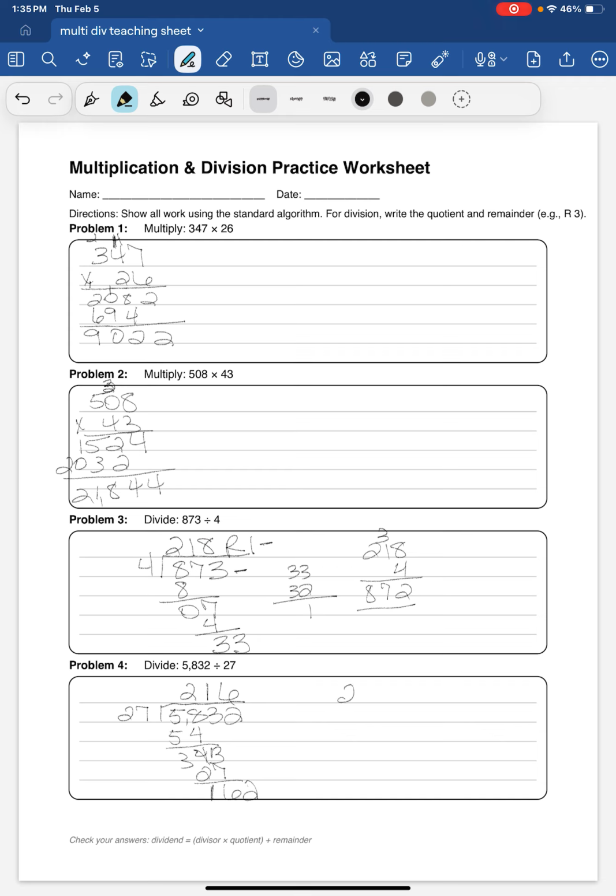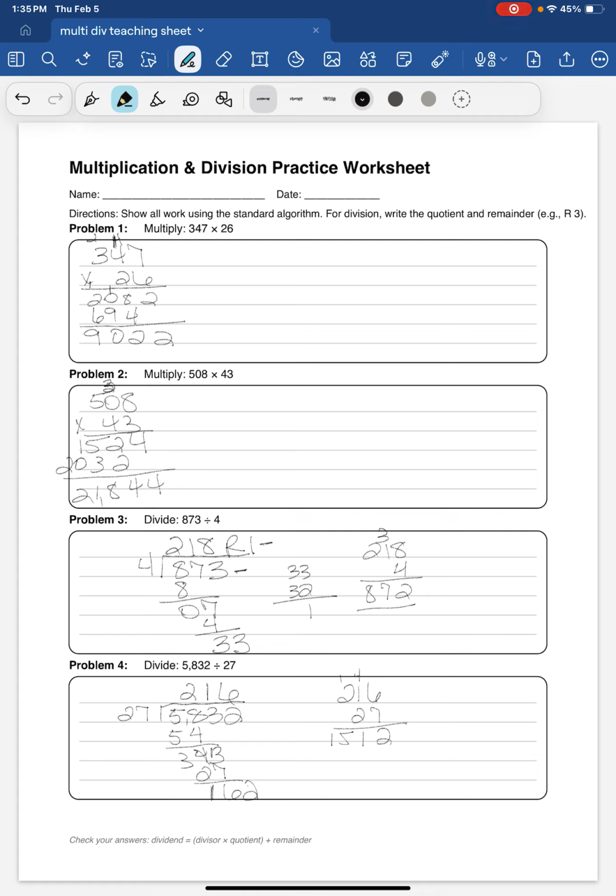And again, we can come over here to multiply to double check. 216 times 27, and we do it just like we did the multiplication before with the multiple digits. We have 6 times 7 is 42, so we put down our 2, carry our 4 up here. 7 times 1 is 7, of course, plus 4 is 11, carry your 1. 7 times 2 is 14, so that's going to be 15.